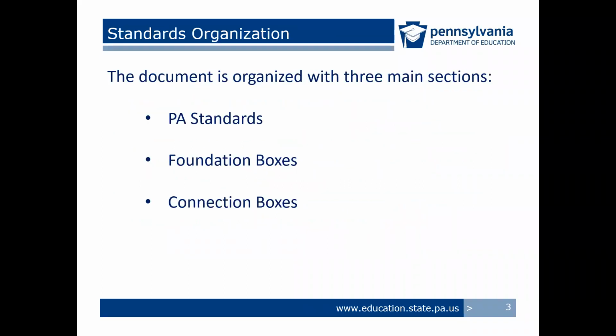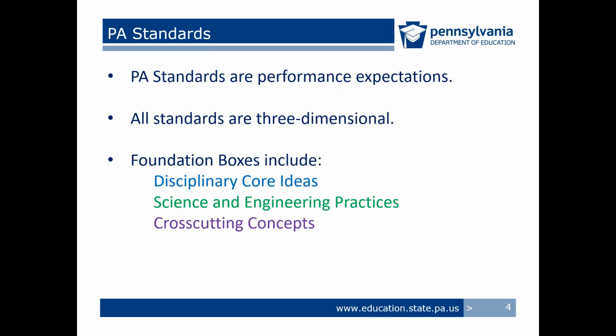The standards organization for the foundation boxes is organized in three main sections: the Pennsylvania standards, foundation boxes, and the connections boxes. All of the Pennsylvania standards are also performance expectations as far as what students should know and be able to do.